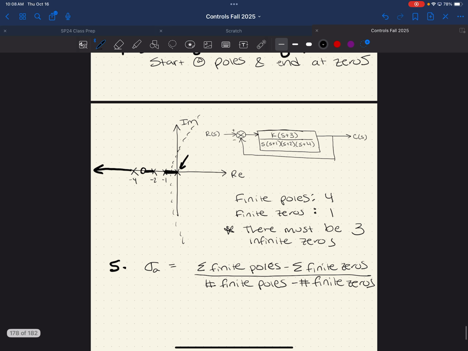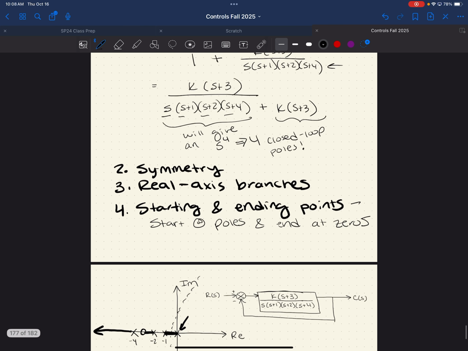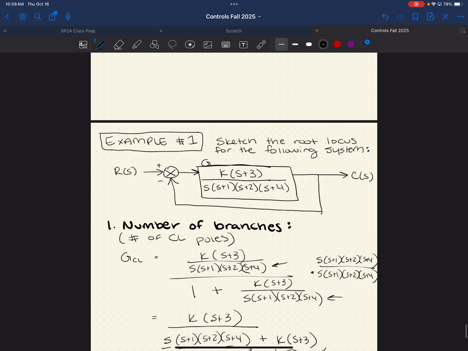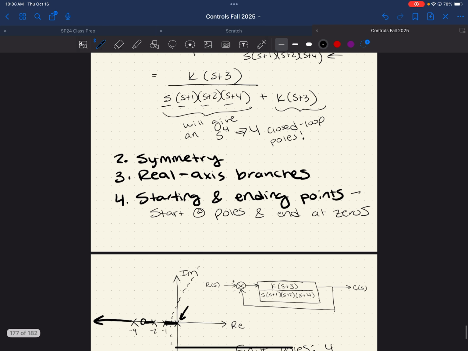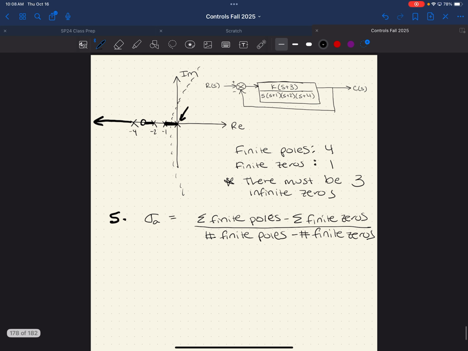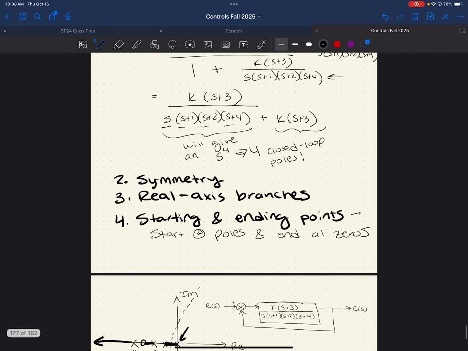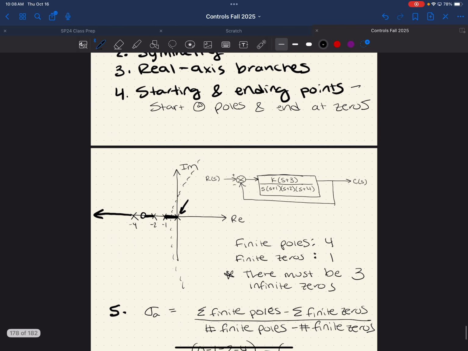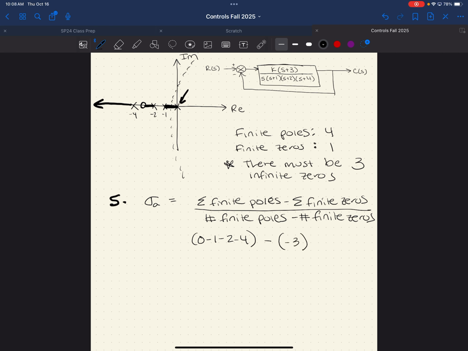What were my finite poles? We can look back up at our transfer function here. Finite poles: 0, -1, -2, -4. Minus, what were my finite zeros? -3. How many finite poles did I have? 4.